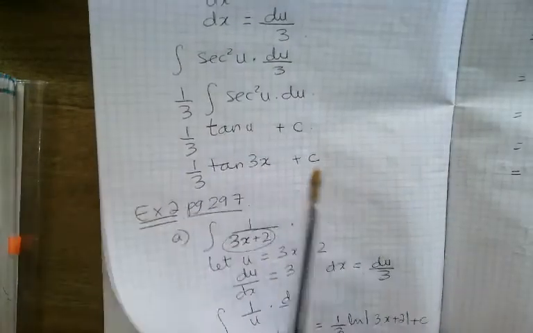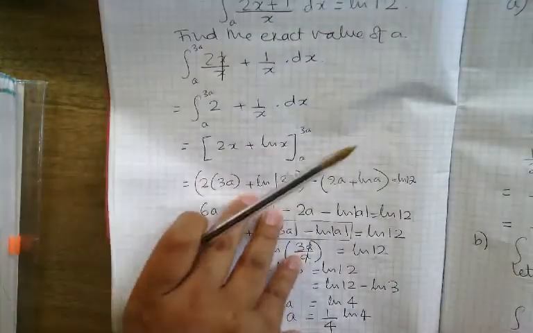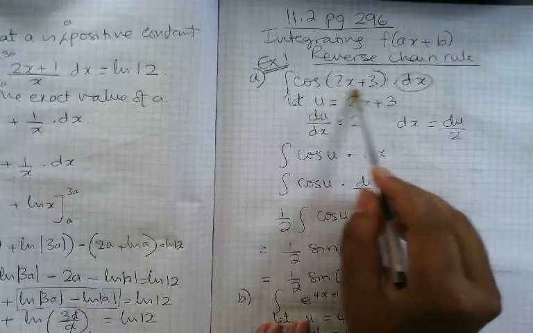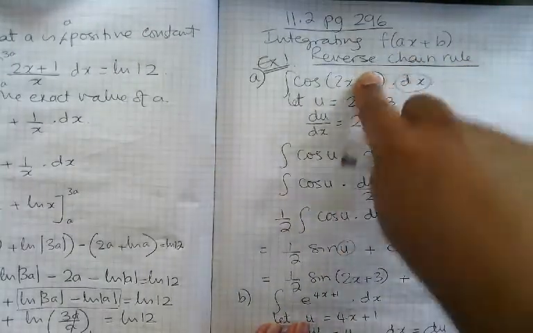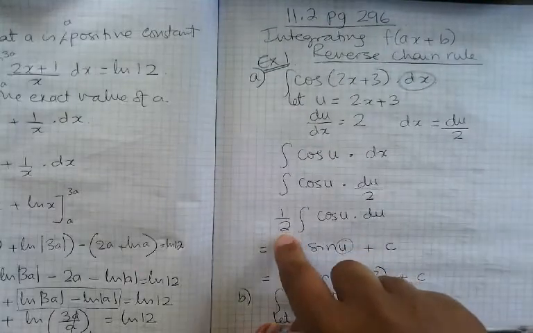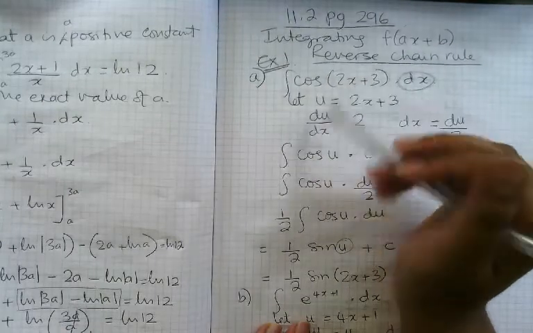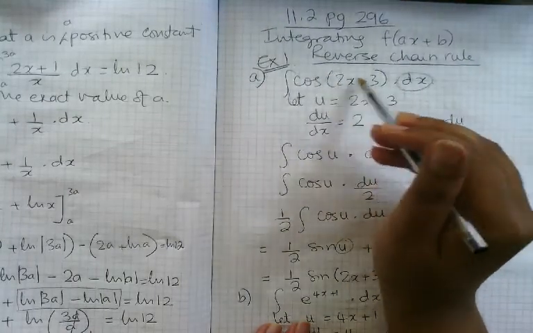If I go back to my previous examples and look at cos of 2x plus 3, if I differentiate 2x plus 3, I get 2.